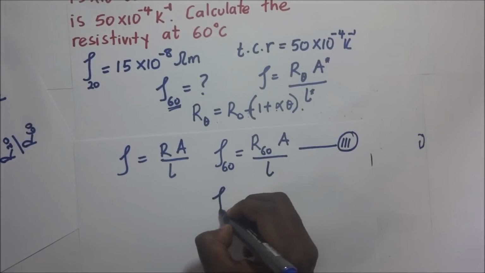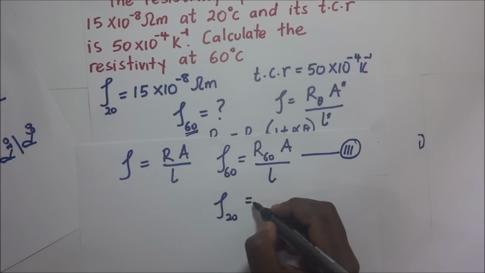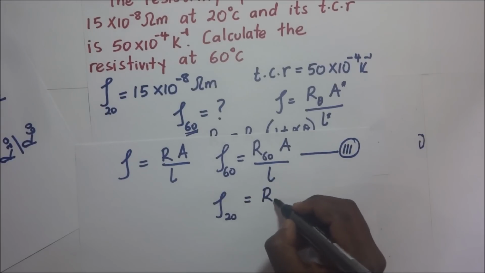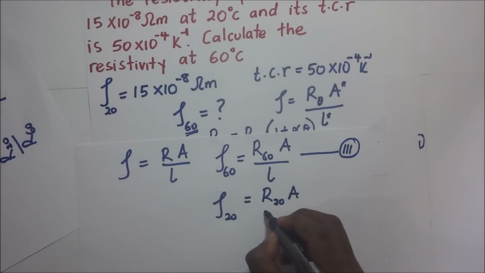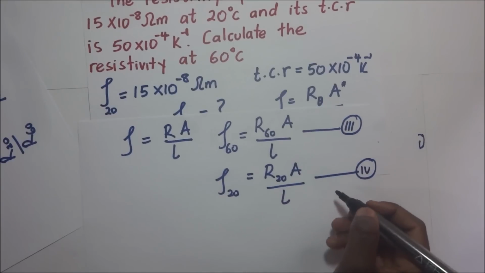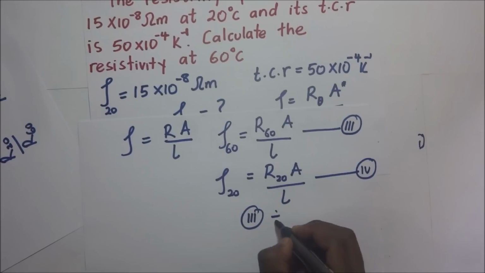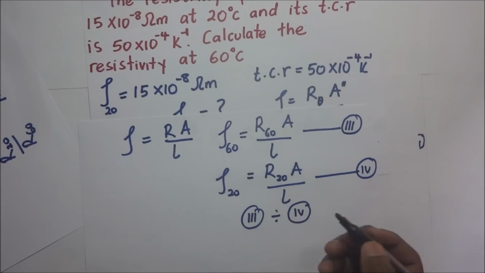Then we also have the resistivity at 20 degrees Celsius. The resistivity at 20 degrees Celsius is going to be the resistance at 20 times the area over the length. That is our equation 4. Again, we divide equation 3 by equation 4 to get another expression.